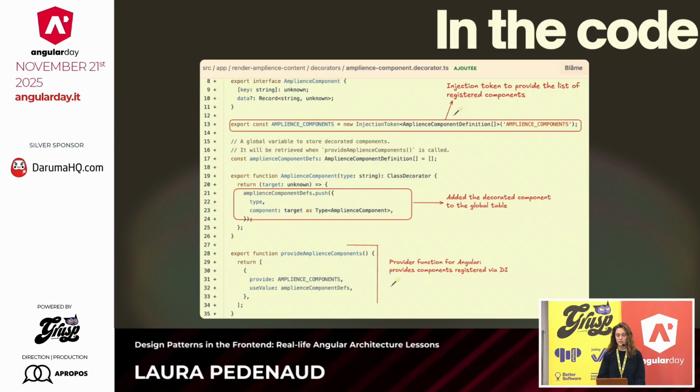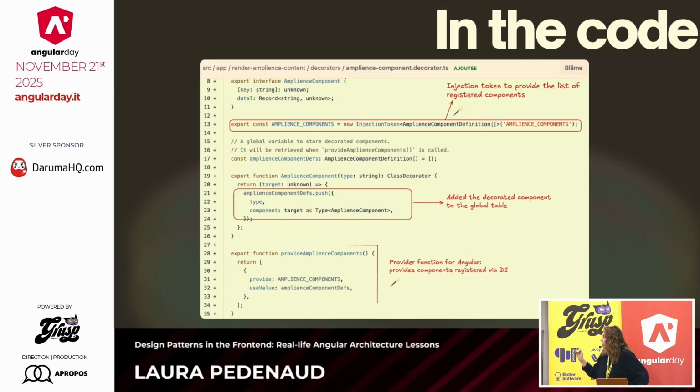And then in the decorator service, this is where we declare the injection token to provide the list of the registered components. Then we add the decorated components to the global table.